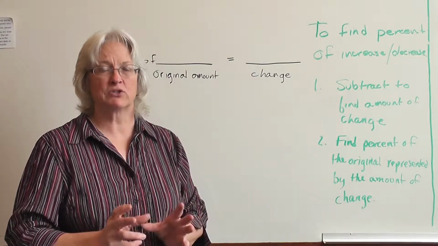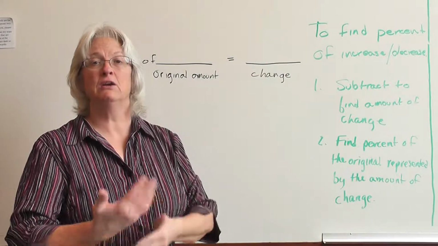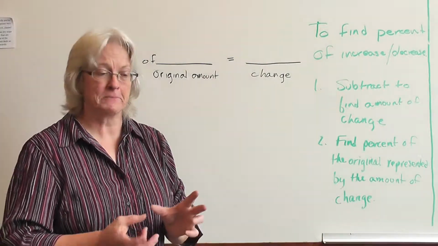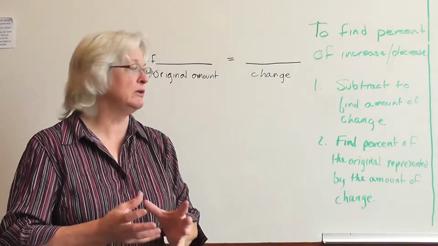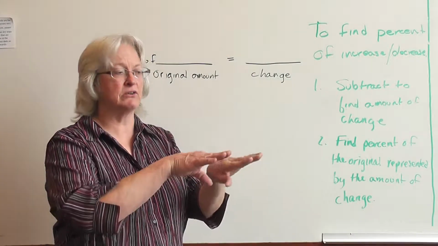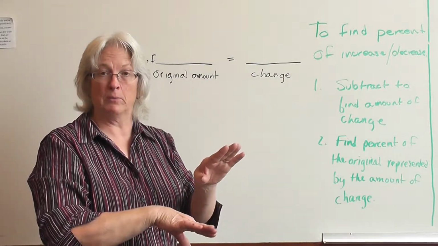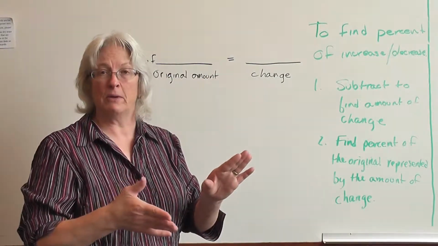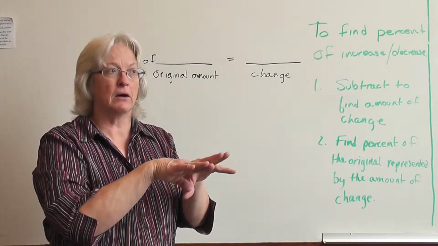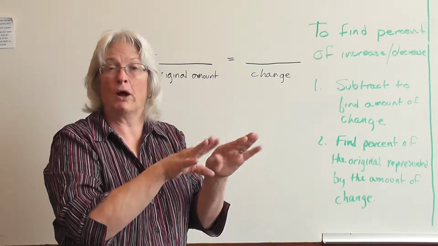And what's interesting about change is an increase is not always a good thing, a decrease is not always a bad thing, but that's how they define increase and decrease when you're talking about percentages. Increase is a larger number, decrease is a smaller number. An example of where an increase would be a bad thing would be sometimes in a white blood cell count.